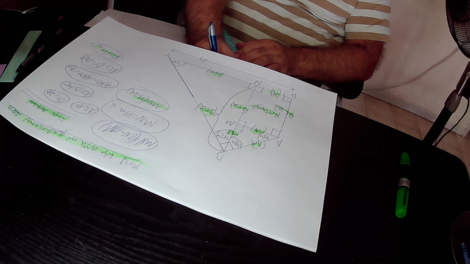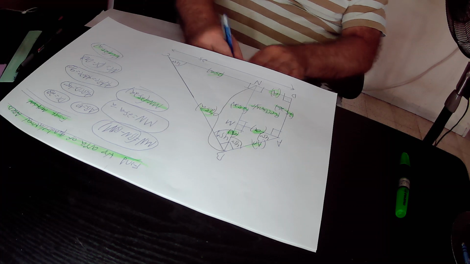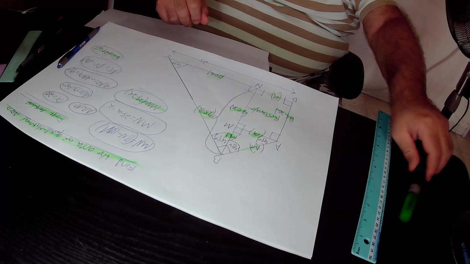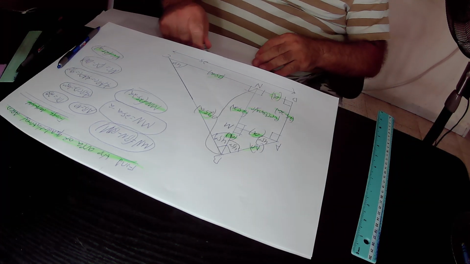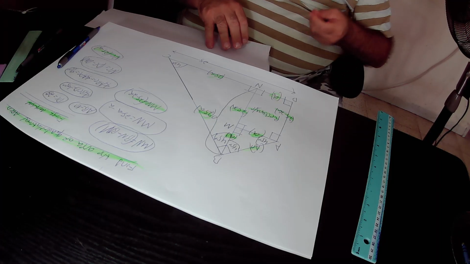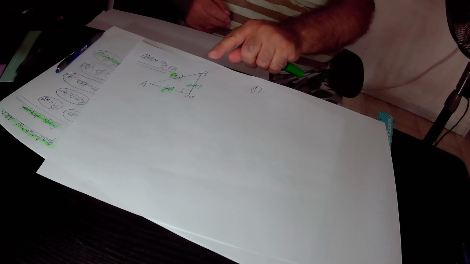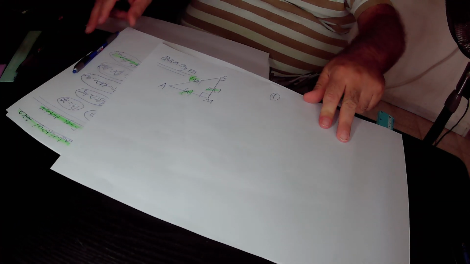Here PT stands for the Pythagoras theorem. Actually, this is the small right triangle ABM.